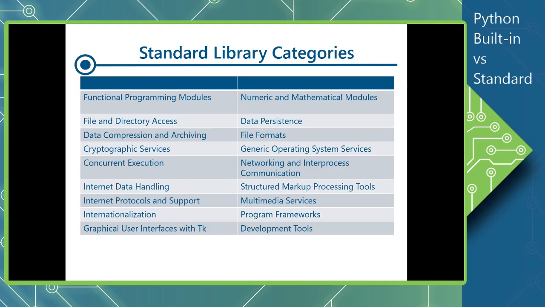There's over 200 different objects or functions that are available in standard library categories. And this is a partial list of some of the things that we can get from the standard library. There's functional programming modules. When you need to access file and directory information, there's a standard library to do that.